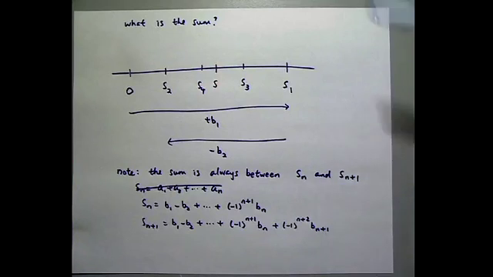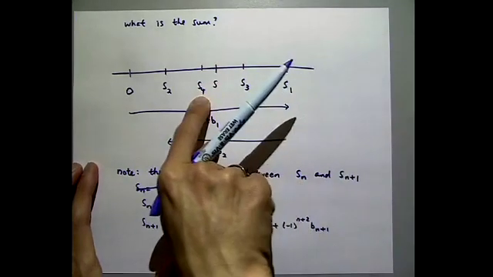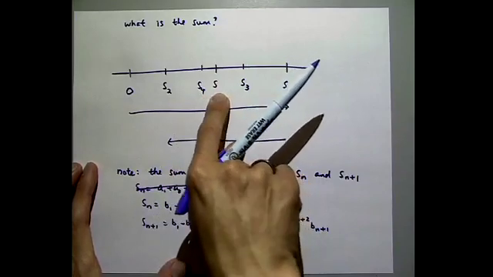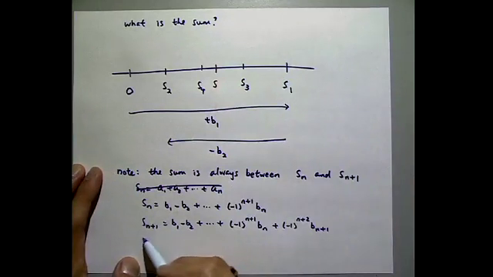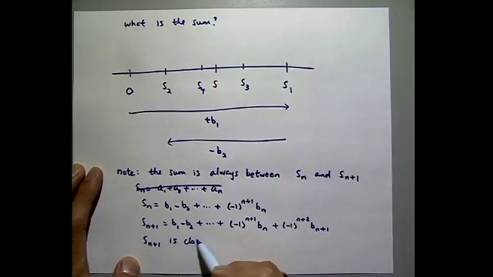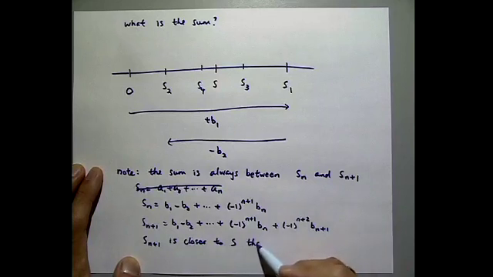And also notice that each time we add a partial sum, we get closer to the true sum. So in other words, S of n plus 1 is closer to the true sum than the previous one, right?